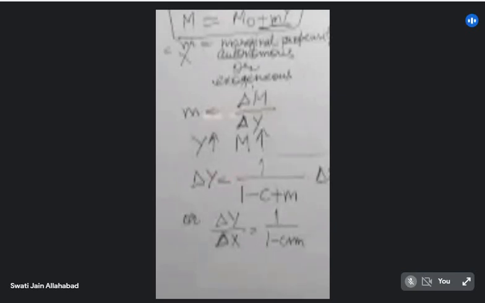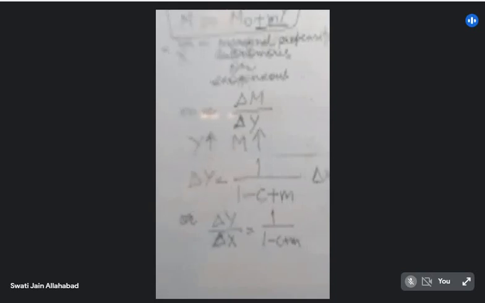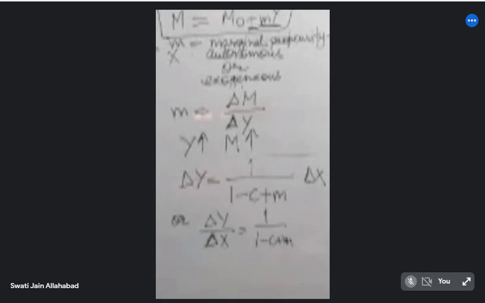So now we have talked about 4 types of multiplier. First the investment multiplier, then the government expenditure multiplier, then the tax multiplier, and then the import multiplier or foreign trade multiplier. Now we come back to the question of leakage and injection.